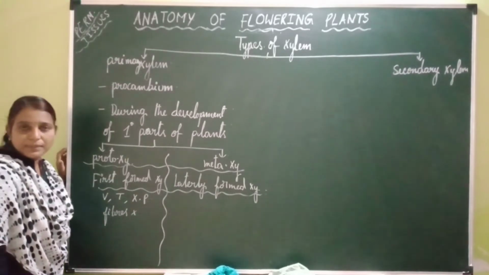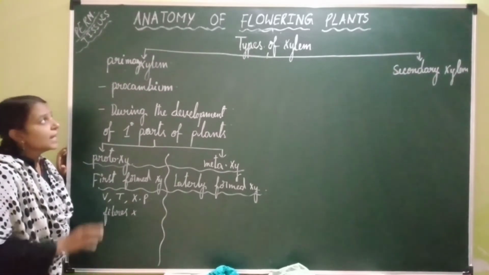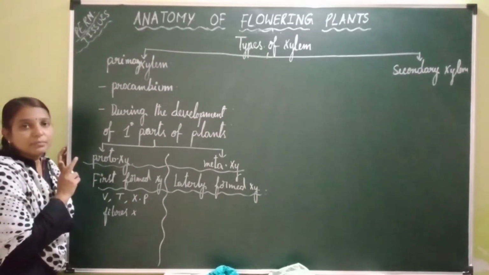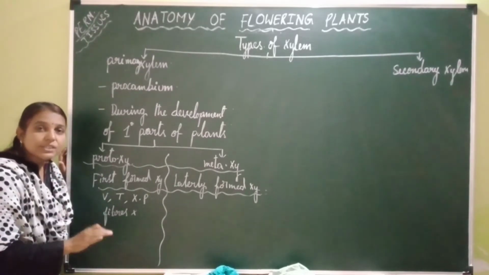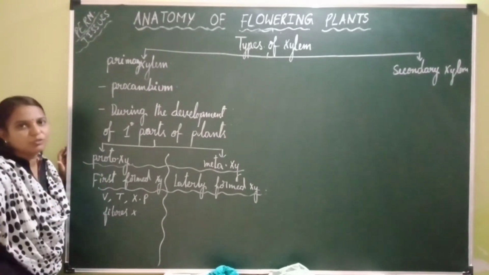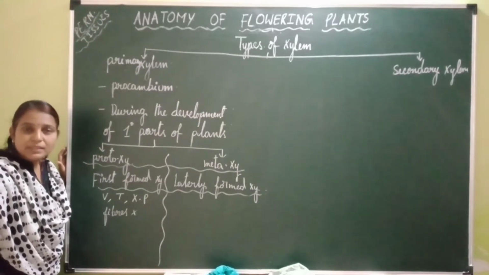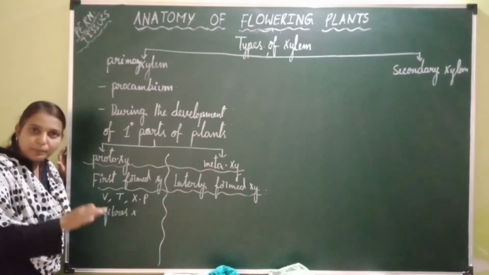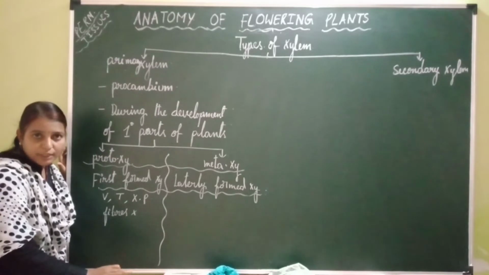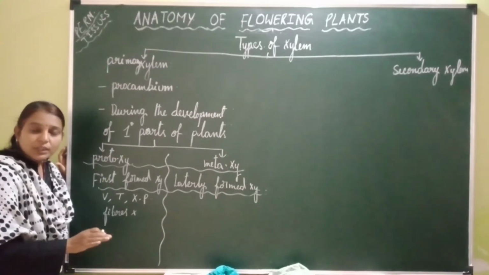Why are these xylem fibers absent? Because primary xylem is developed during the initial stages of primary growth of the plant body. At that time the height of the plant might be very short.